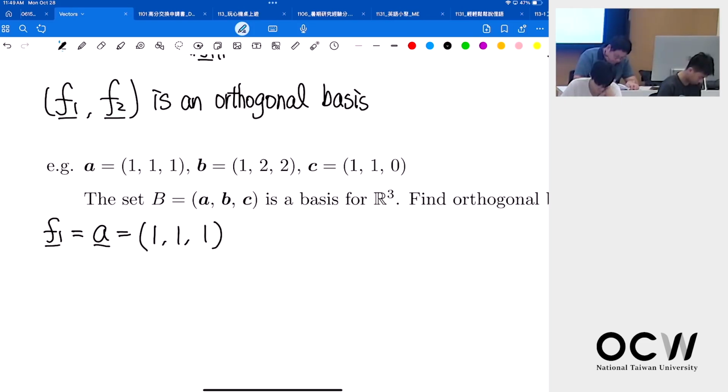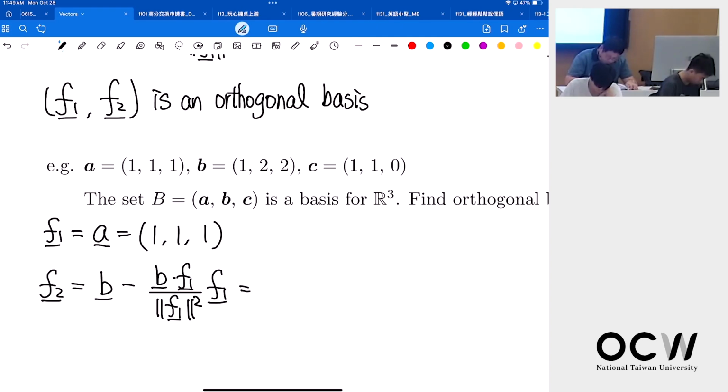So F2 will be your vector B minus the portion in F1, some component in F1. So I want to get rid of that component.